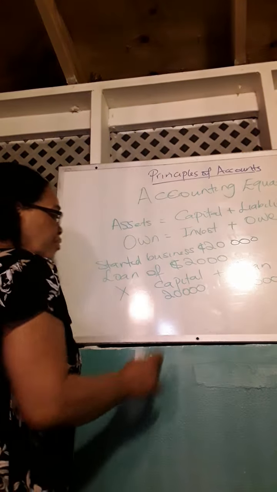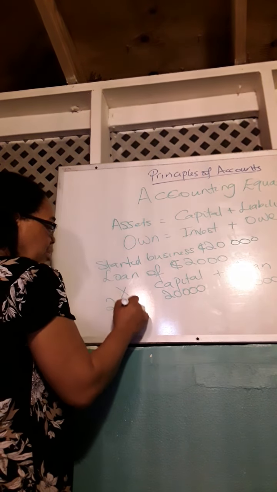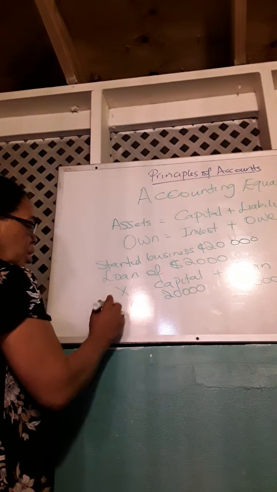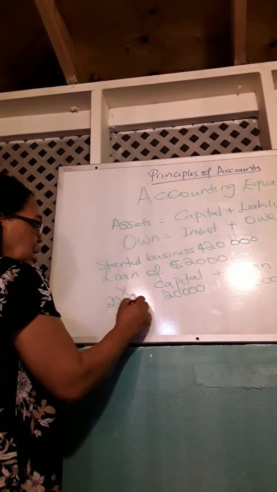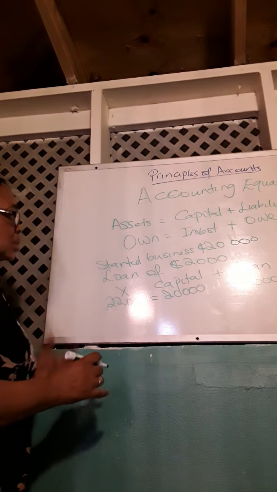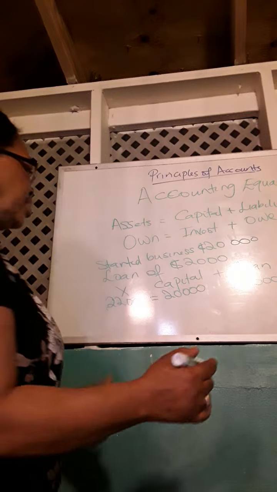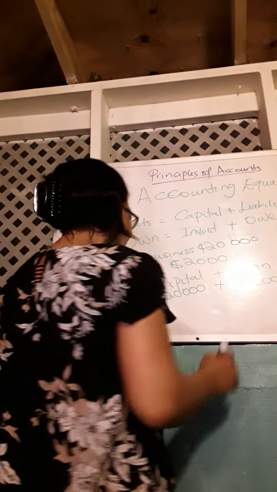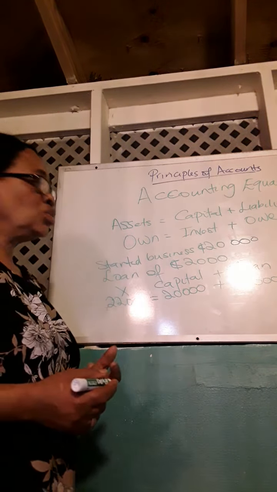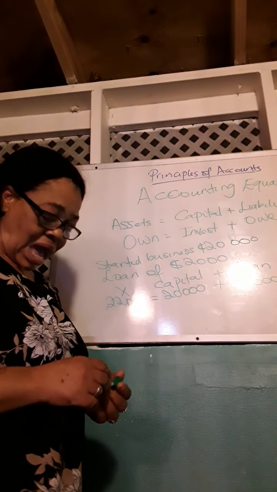So if I add 20 plus 2, my asset for the company is therefore going to be $22,000. Assets is equal to my capital plus my liability.